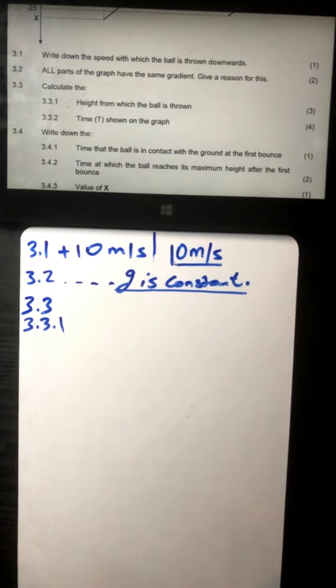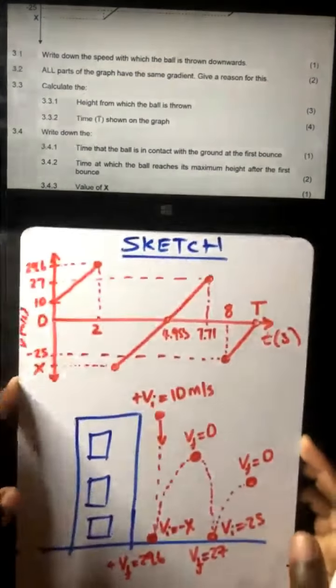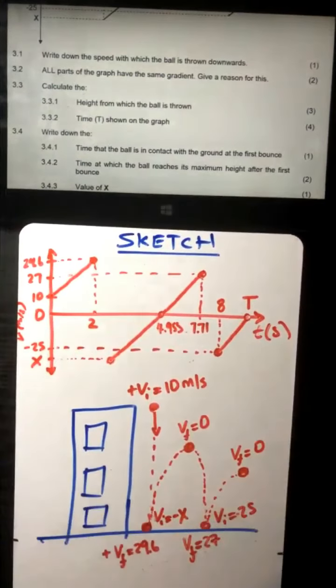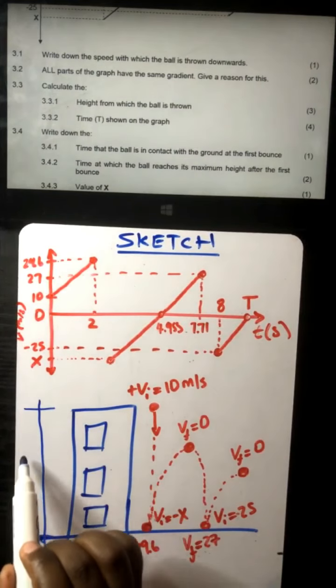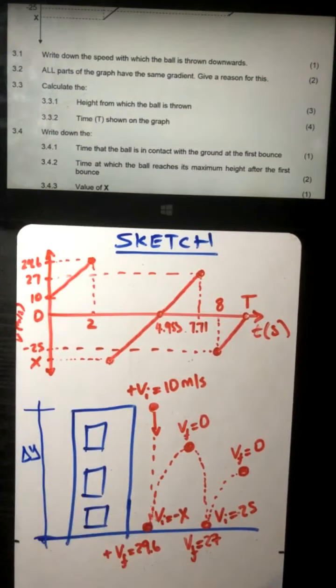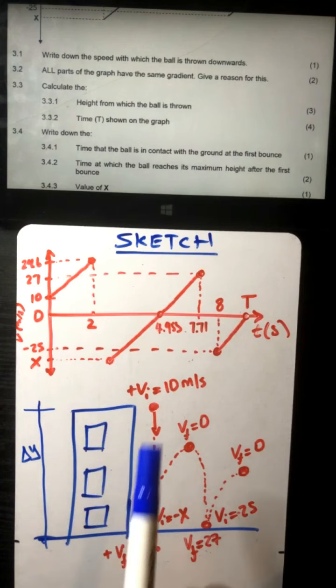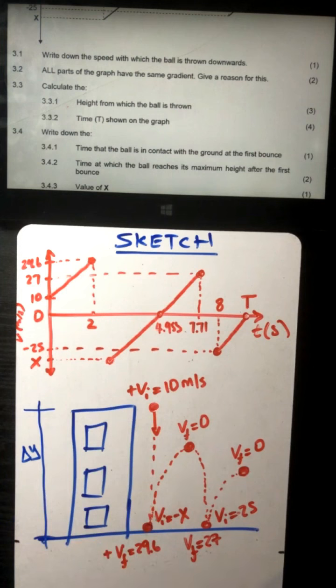So this is the height that they want you to calculate, which is change in y. Guys, I'm going to tell you something that you should remember at all times. When it comes to this chapter, whatever they want you to calculate, you must have 3 quantities and you calculate the 4th quantity.